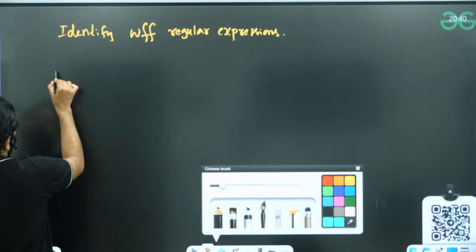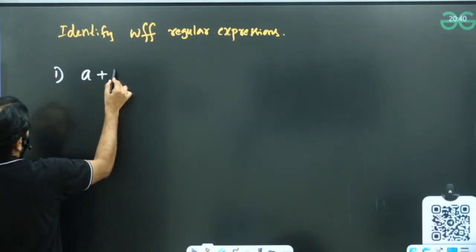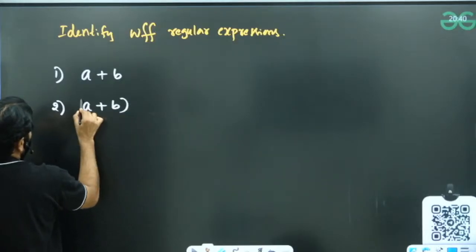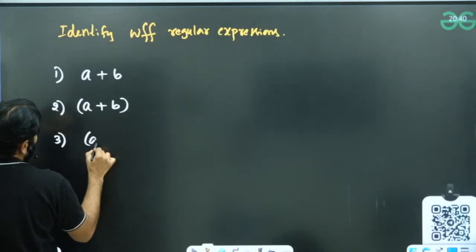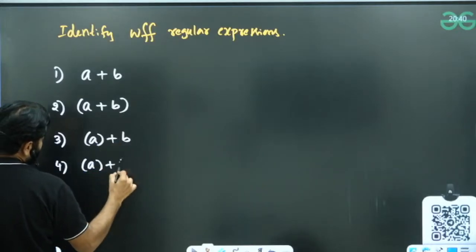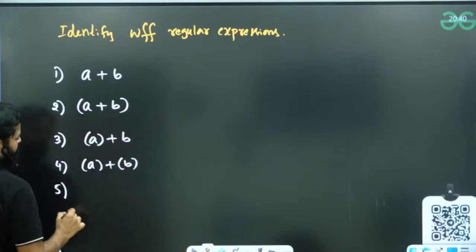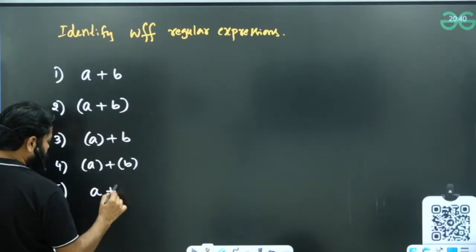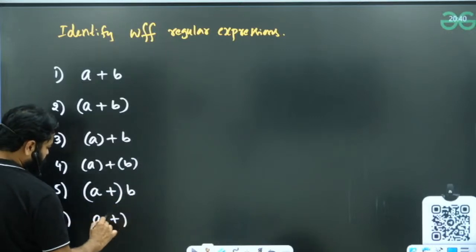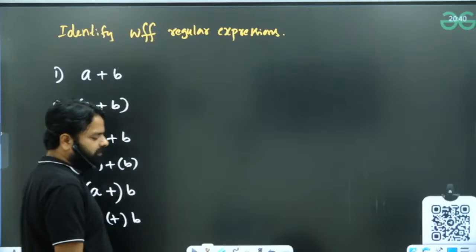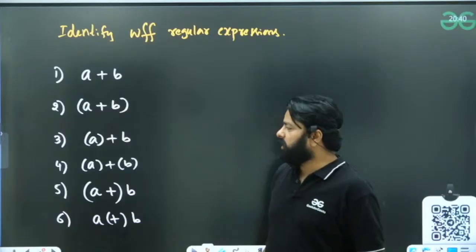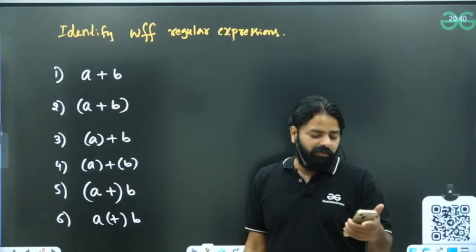For example, suppose I write A plus B, and second, A plus. Are they well-formed or not? Just look and let me know which is well-formed and which is not. Not all are regular expressions, right? Only those which are well-formed are regular expressions here. Can you identify them?